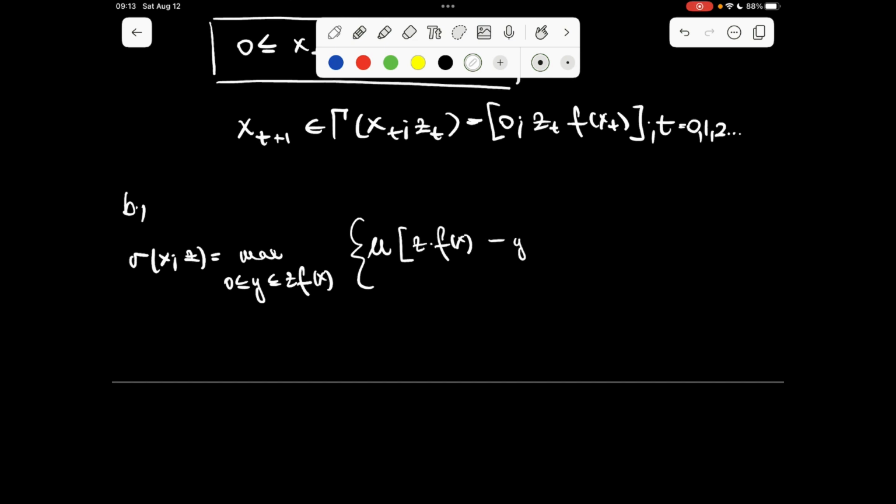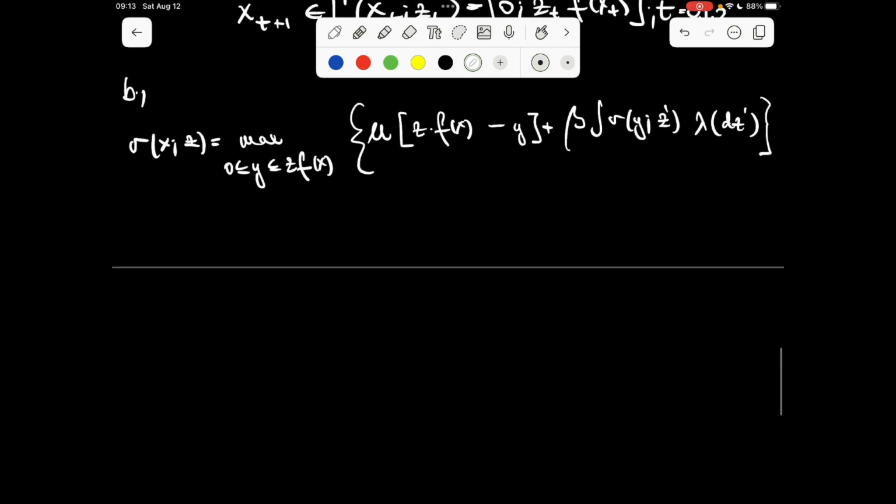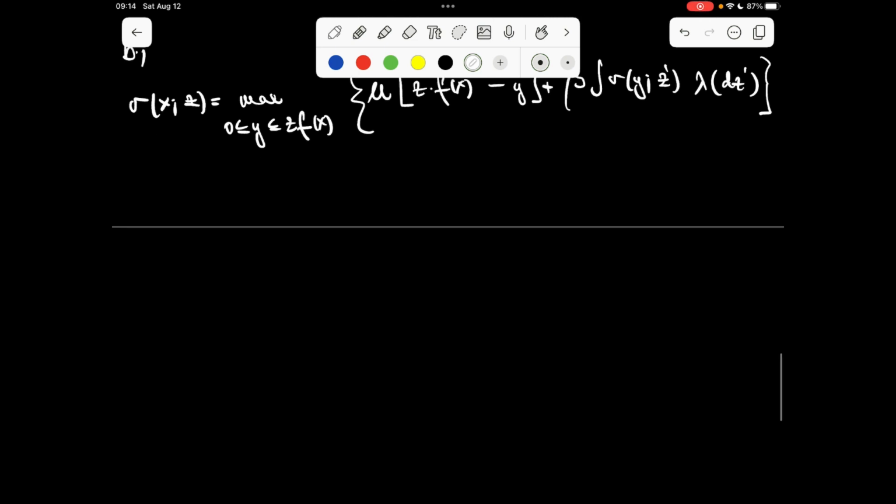This is the function of x, y, z. And this is the expected value of the value function, yet unknown, which we calculate with an integration with respect to the probability measure of the i.i.d. shock. So we have a number of assumptions regarding the production function. Assumptions T1, T2, T3, and T4 describe the basic assumptions.